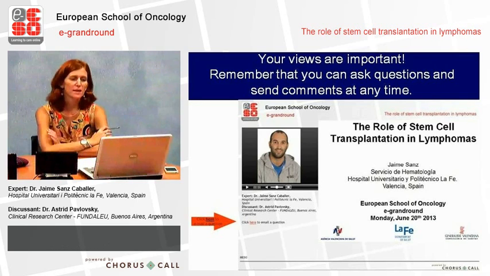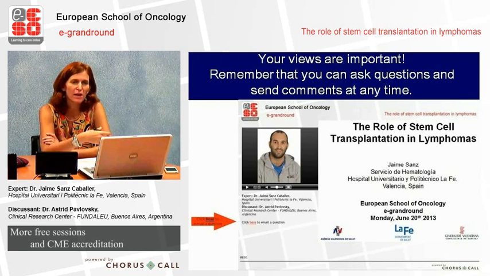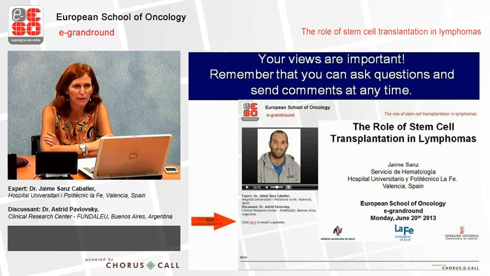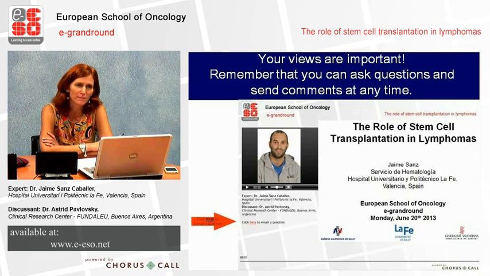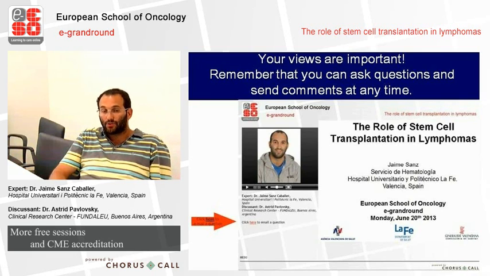Another question is the best moment for recollection of the stem cells, because when we think of salvage therapy and high-dose therapy, we're always worried about not having enough stem cells. Is there a recommendation on when to do it? The recommendation is to harvest and collect stem cells as soon as possible.